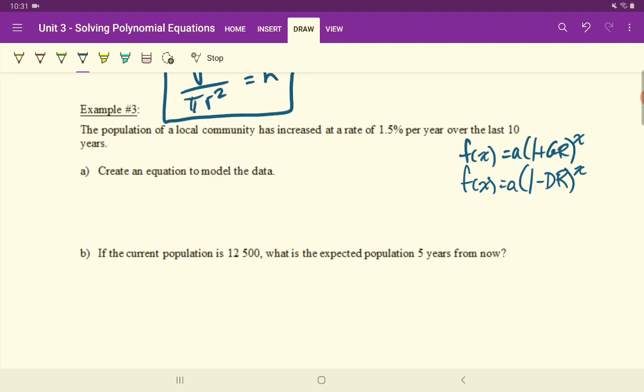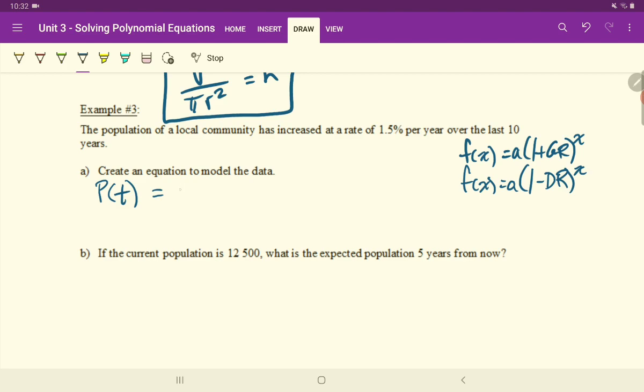All right, so let's create an equation to model this data. I'm going to use proper letters, so I'll use P at T, with T being time in years, is equal to, now do I know my initial value?